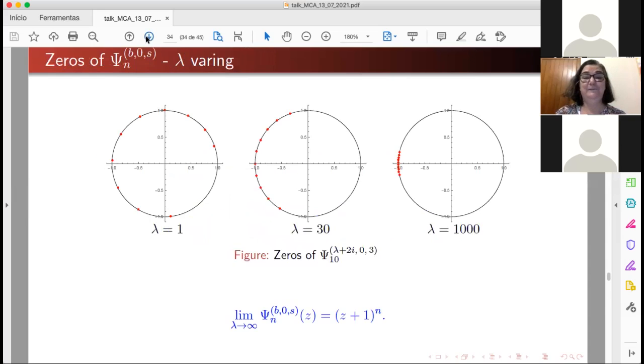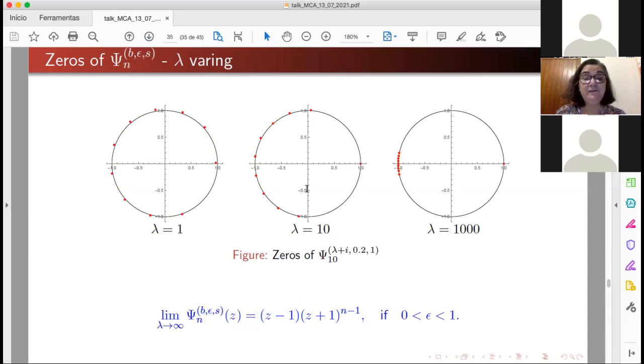Let me show some pictures. For example, in this example, we chose epsilon equals 0, eta equals 2, s equals 3, and we are varying lambda. See that in this case, all zeros of the Sobolev polynomial are going to minus 1, as we have here.